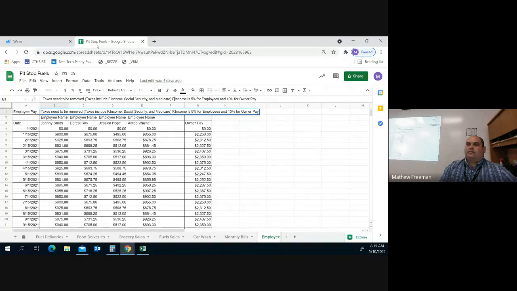Since we don't have health insurance, we're not going to be concerned about that. So we can just add up all her taxes. Her federal is 0.05, plus 0.062 for Social Security, plus 0.0145. And that's going to be the tax for everybody. We're just making it generic.